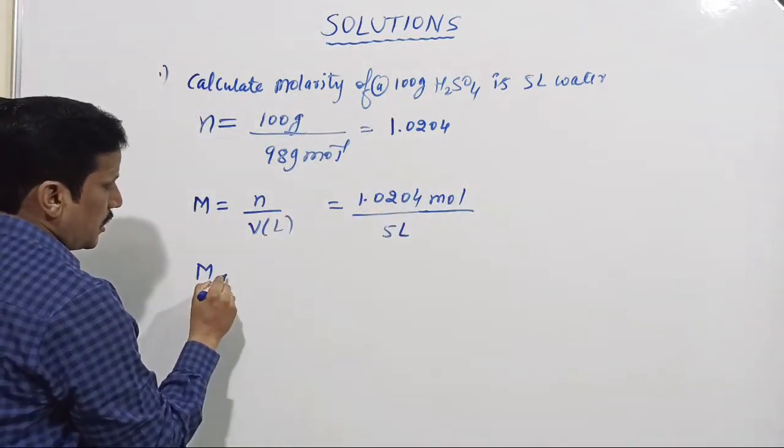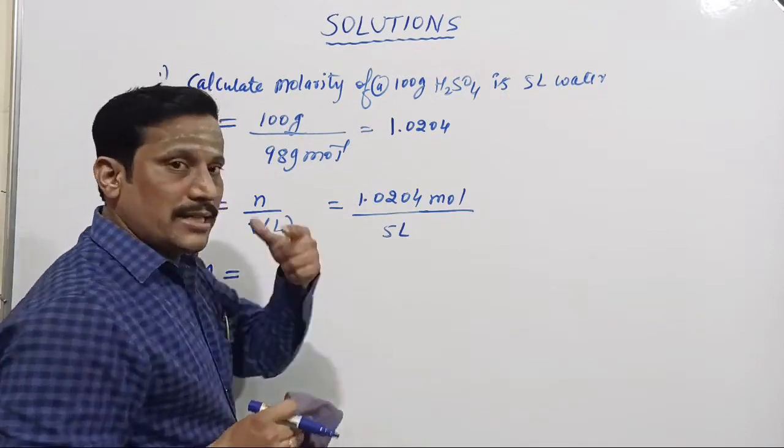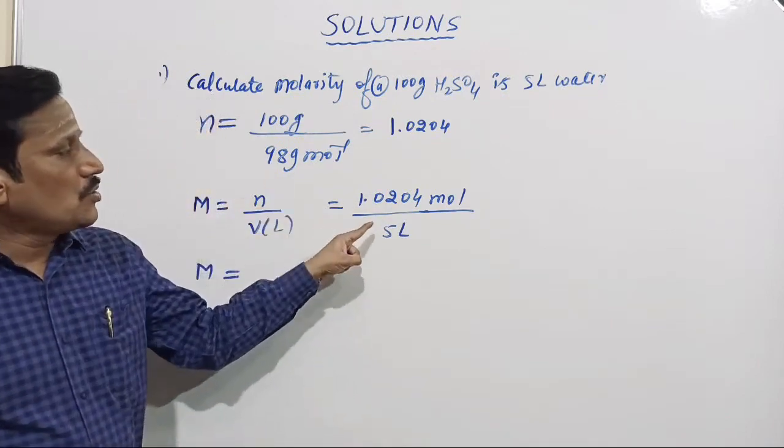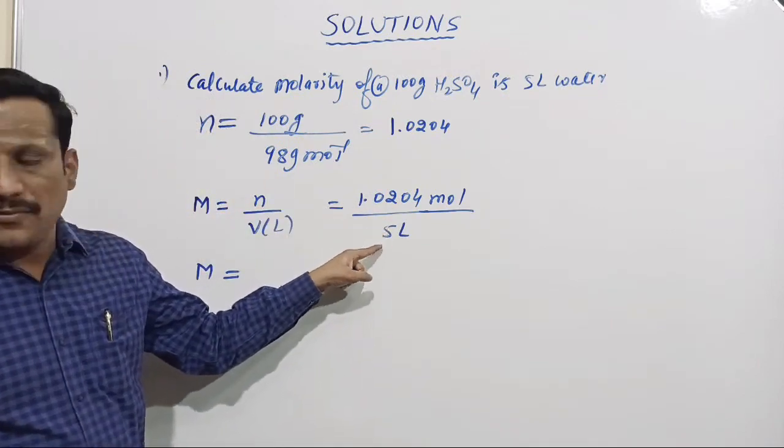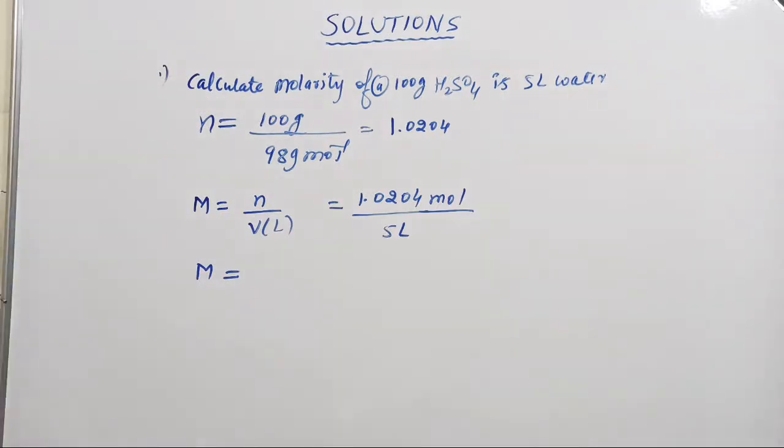That gives some answer again. See in your calculator, 1.0204 divided by 5. If I do that, 0.20408 will be there.